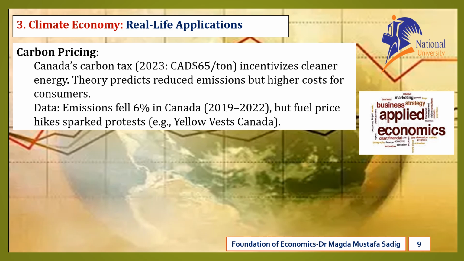This has led to public backlash, with movements like the Yellow Vests in Canada protesting the rising cost of living. This illustrates a classic policy trade-off. The environmental benefit comes at a short-term economic and political cost.